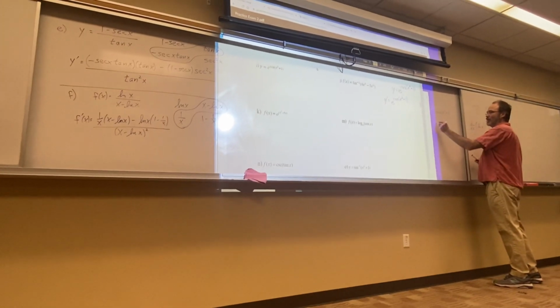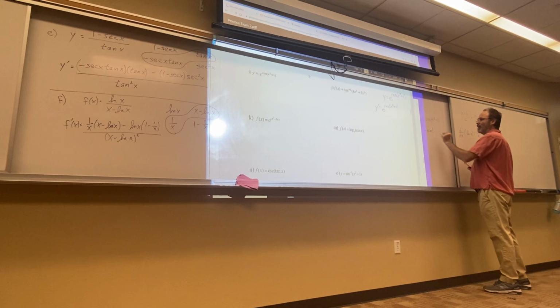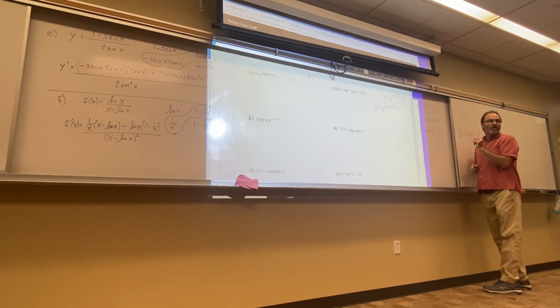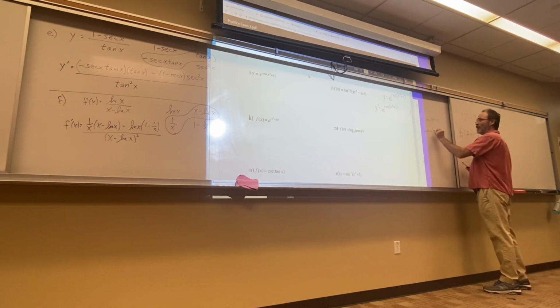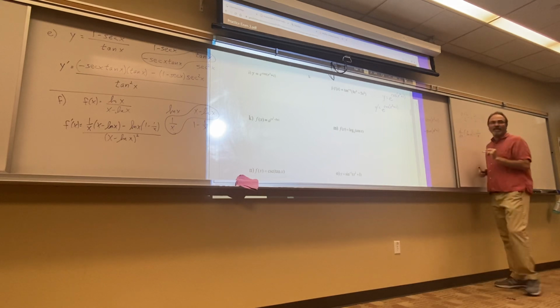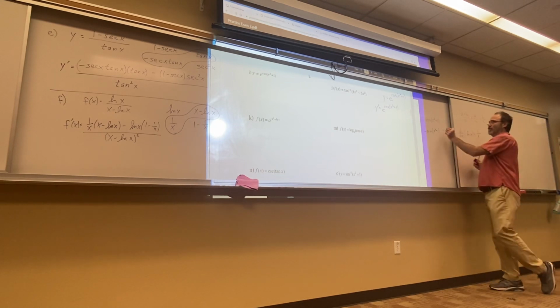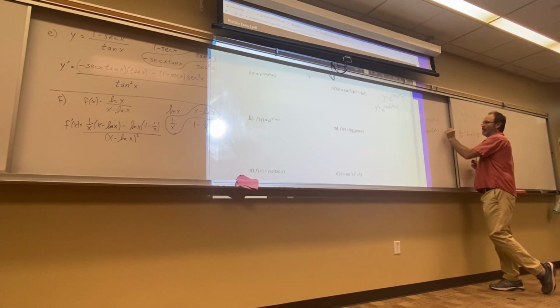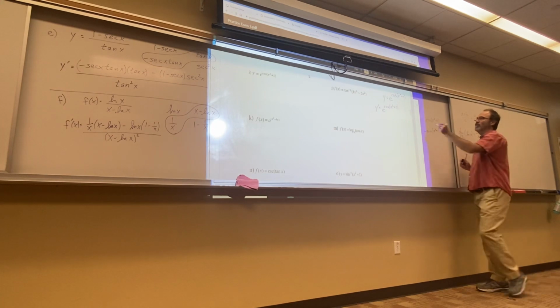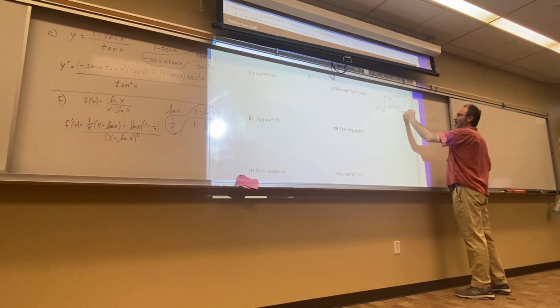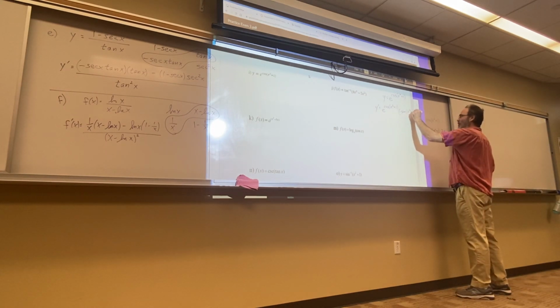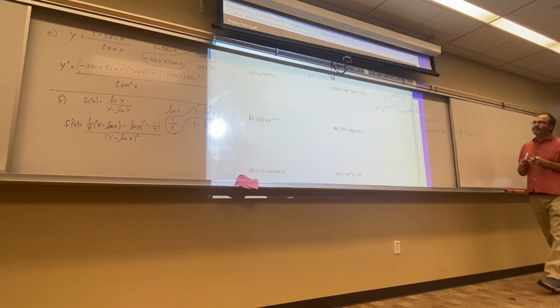Negative sine of x squared plus 1. We're not ready for the inside yet. We're still working on the sine. Just copy the jump down. And now what do we do with the jump? Now we take the derivative of it. So this is going to be times negative sine of x squared plus 1 times 2x.